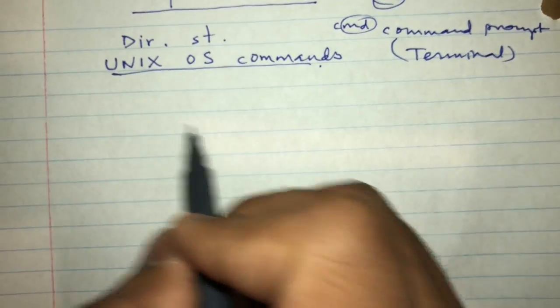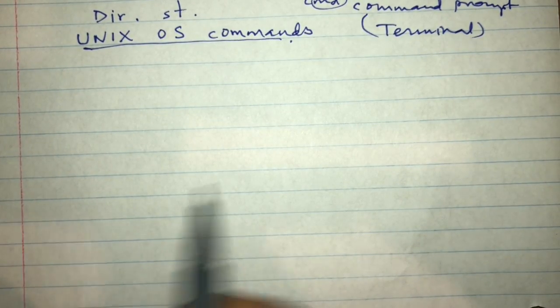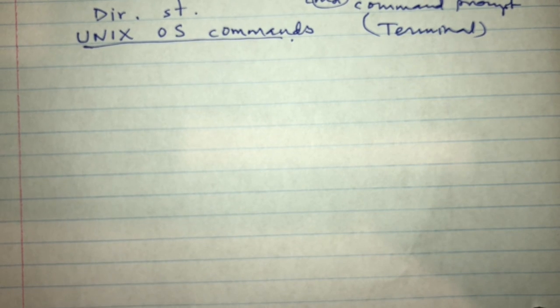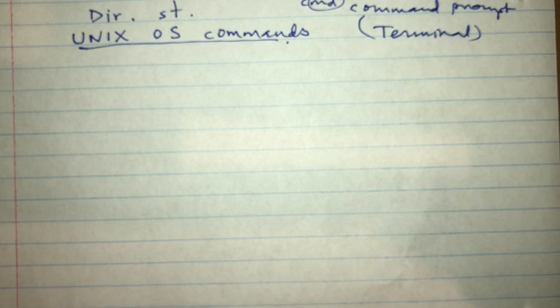So now I know there are many commands in Unix operating system, but we will see the frequently used commands, and we should be able to see roughly from 10 to 15. So we'll see how it goes.